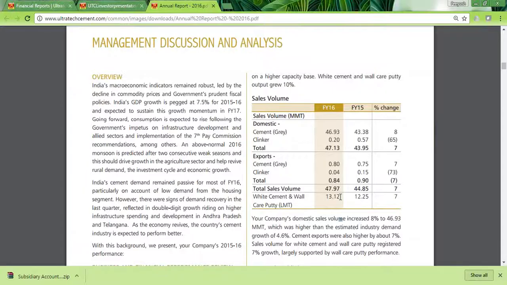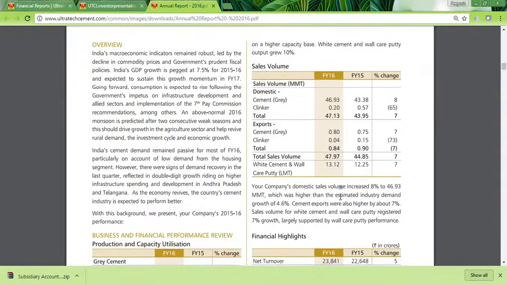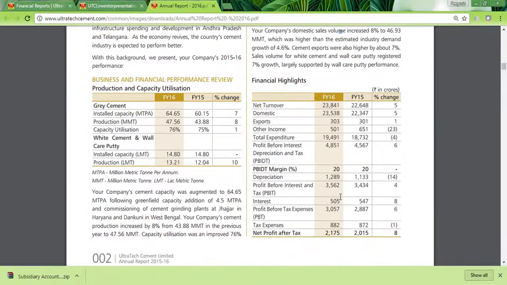And that's the data that is available, which we have already plugged in. Now let's look at the installed capacity that we have. We have an installed capacity in 2016 for gray cement, in million tons per annum, 64 million tons per annum.